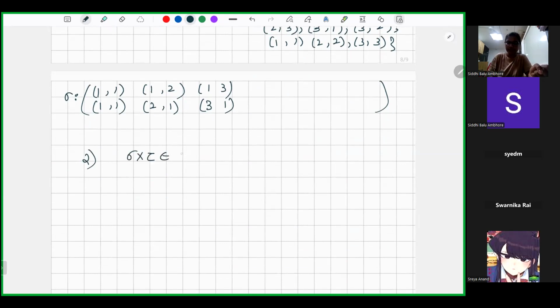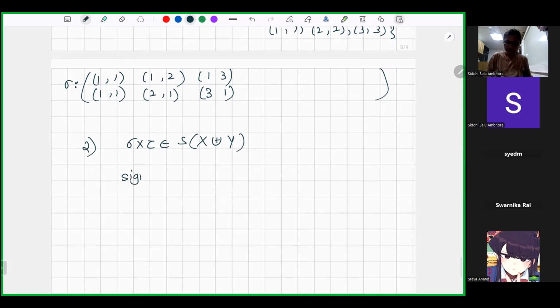We are taking the sigma and tau in S of X disjoint union Y. So they are essentially different cycles. They are not interacting with each other at all. And it will just be a product, like we have for disjoint cycles, because this is literally disjoint union.